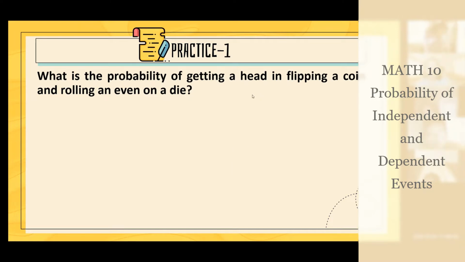Please chat your answer if you have an answer now. Your answer should be in lowest terms if it is a fraction, or in decimal up to 2 places.